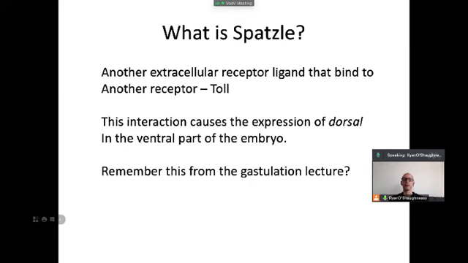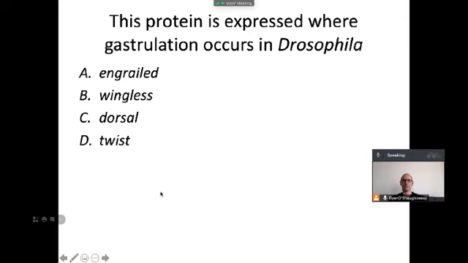And you probably remember this from our gastrulation lecture. So here's a question: which protein is expressed where gastrulation occurs in Drosophila? I'll give you a few seconds to think about that.